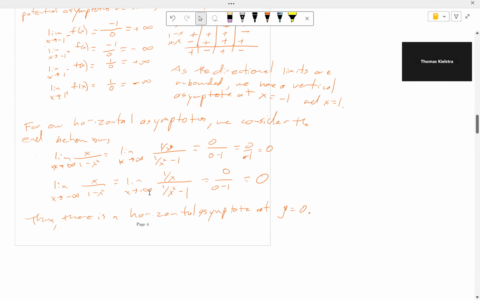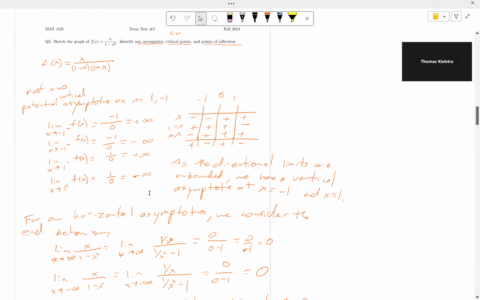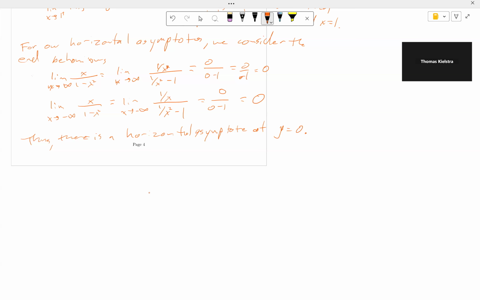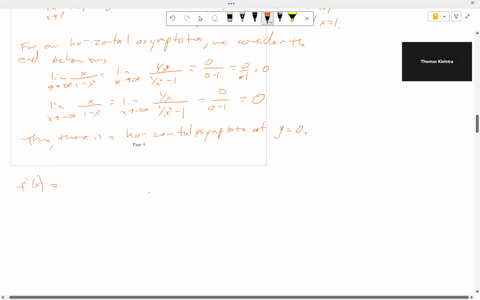So now I want to look at the critical points. In order to look at the critical points, I want to look at f prime of x. In order to compute f prime of x, I'm going to take the derivative. Now, for the derivative, we have the quotient rule.